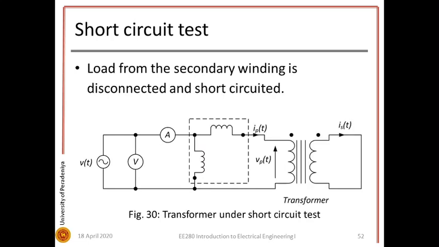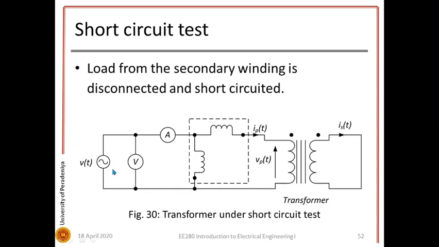Then the next experiment is the short circuit test. In this case, we short circuit the secondary terminal. So the voltage in the secondary winding would be 0, but there would be a finite current.